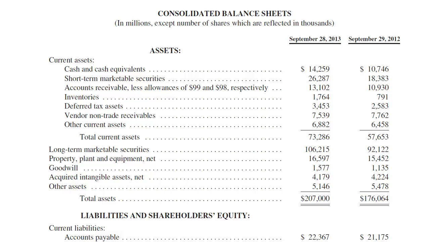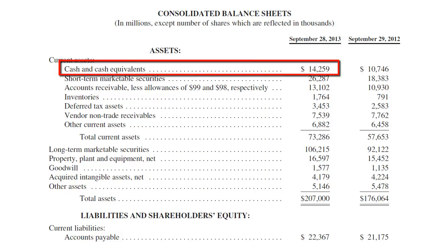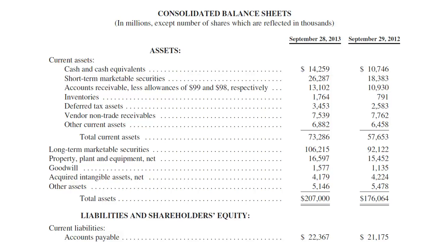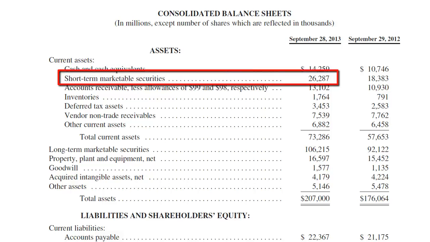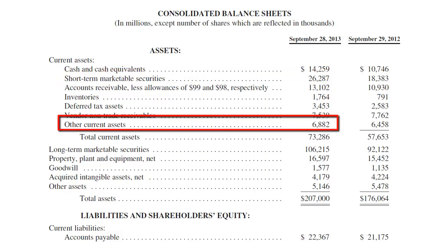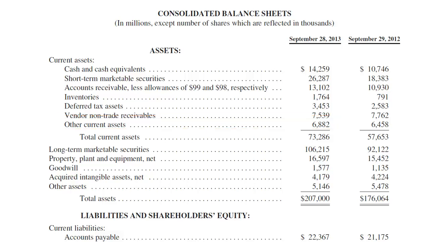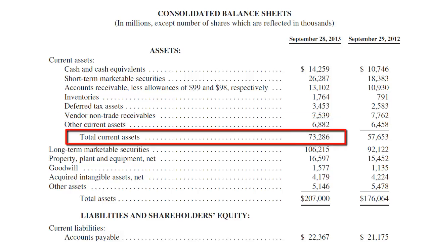Apple starts by reporting its assets first, starting with its most current assets, such as cash, short-term marketable securities, and other current assets. Its total current assets totaled about $73.3 billion.